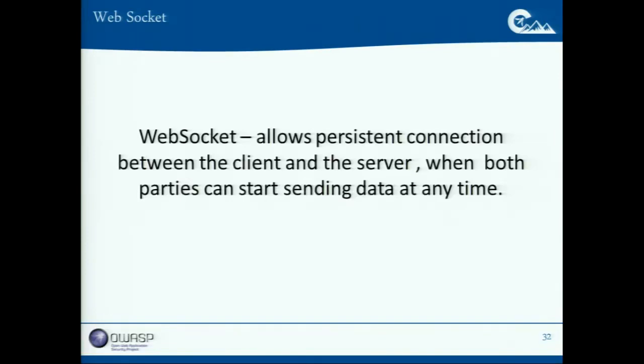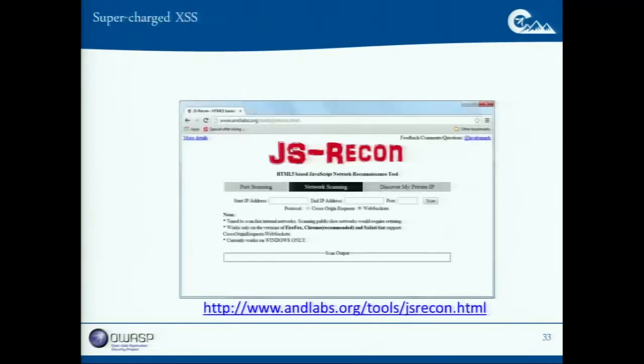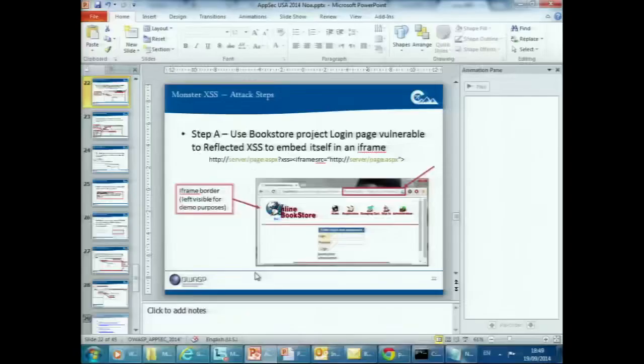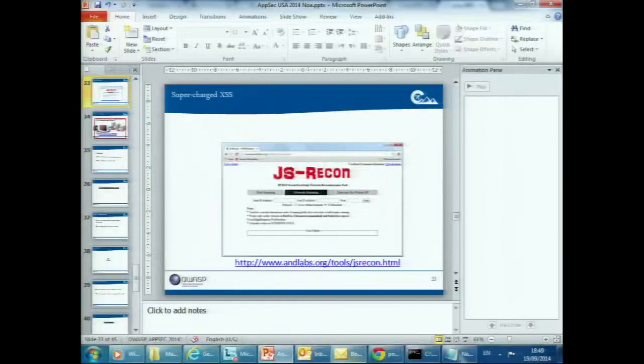So what can this actually do? When a client opens, for example, the same format XSS page, you have an iframe running something that you are expecting to see, and in the background there is a script running and mapping your internal network. And how can it be done?